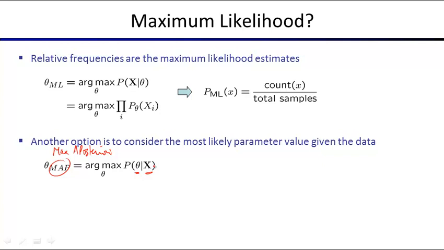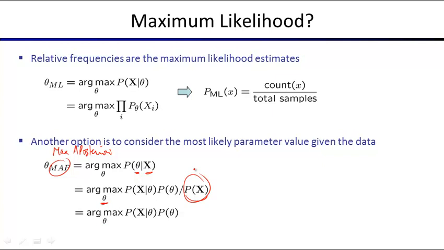How do we find that? Well, let's apply Bayes' rule. Bayes' rule says that this is equal to the conditional of the data x given the parameter theta times the prior and then divided by the probability of the data. We just want to find the theta value that maximizes this. So this part doesn't have theta in it, so it doesn't matter. And we can just find the value of theta that maximizes this quantity over here.